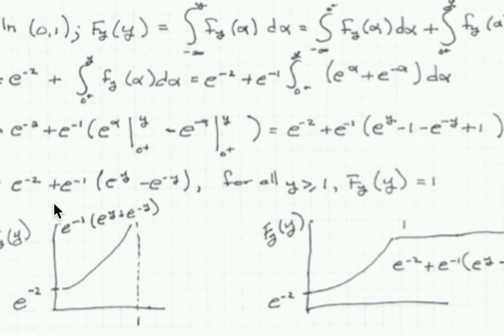In summary, therefore, it's e to the minus 2 plus e to the minus 1, the parentheses, e to the y minus e to the minus y. And this is for all y greater than or equal to 1.